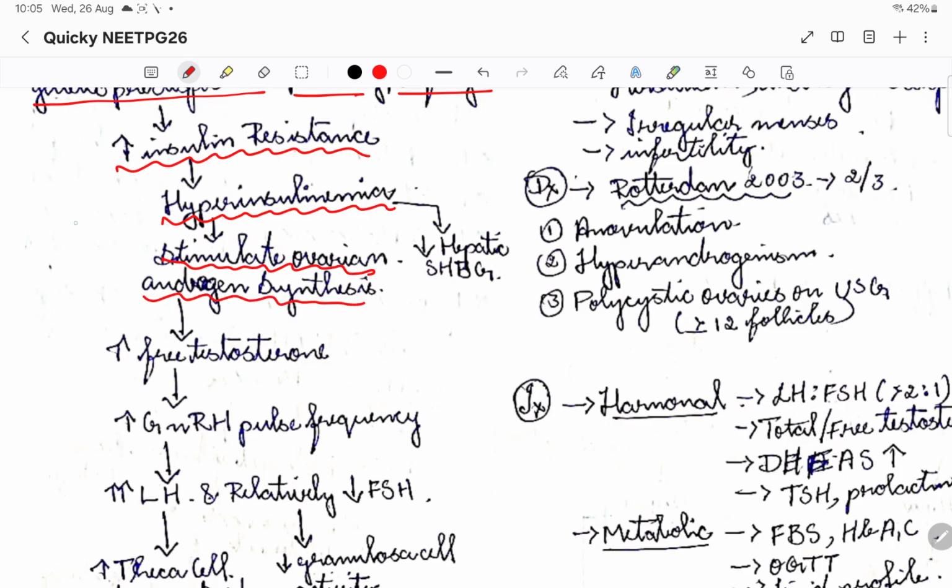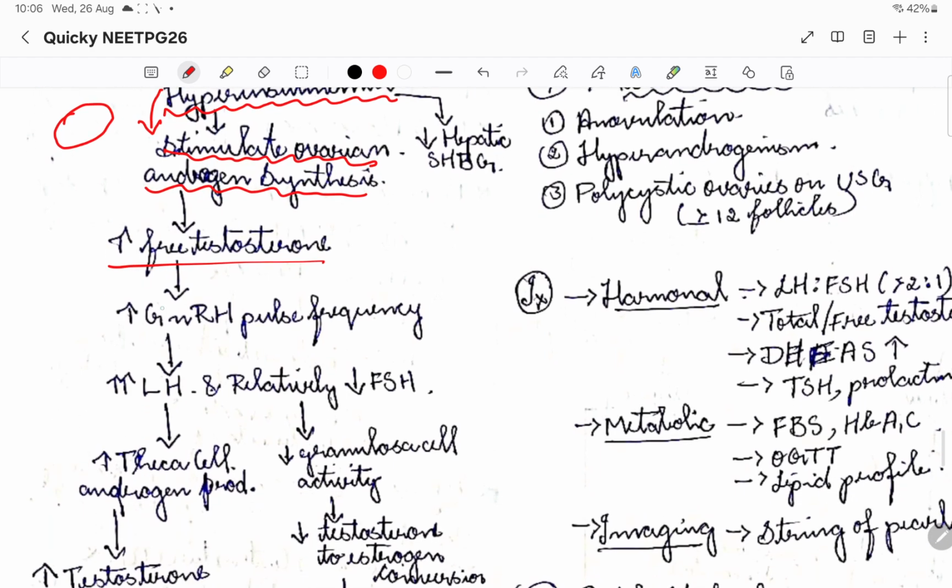Basically, normally the ovary generates androgens and estrogens, testosterone and estrogen, all of this produced normally. But if there is hyperinsulinemia, insulin basically increases the testosterone level. So there is an increased surge of testosterone, so there is increased free testosterone in the body.